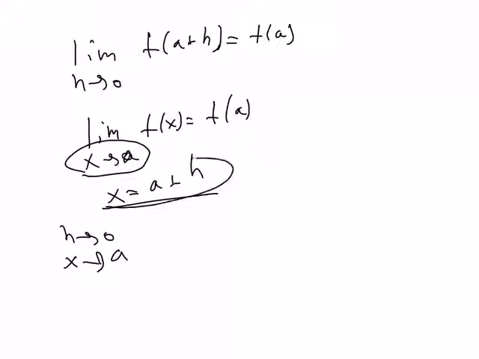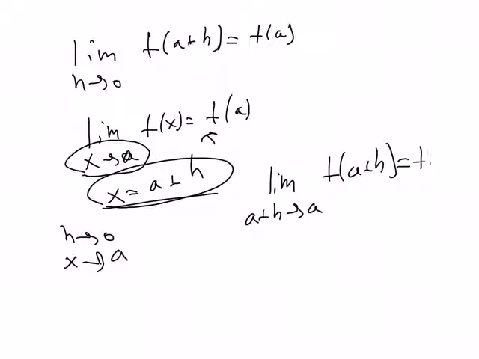So now by this claim we get that the limit as a plus h goes to a of f of a plus h is equal to f of a.